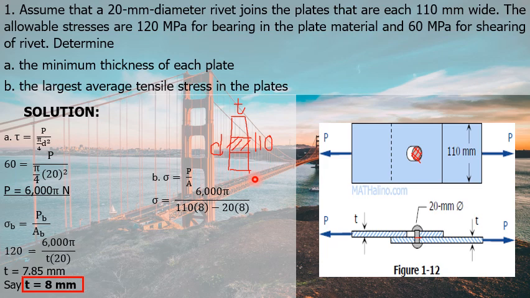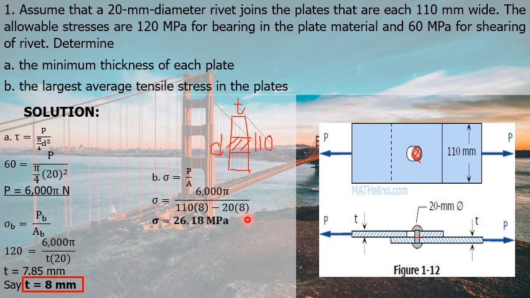So we substitute our values. Our P is 6,000 pi newtons. And as I've mentioned, what if our area is the cross-sectional area of the plate, which is 110 times T, where the thickness is 8, minus the area of the rivet, which is T times D. That is 20 mm times 8 mm.